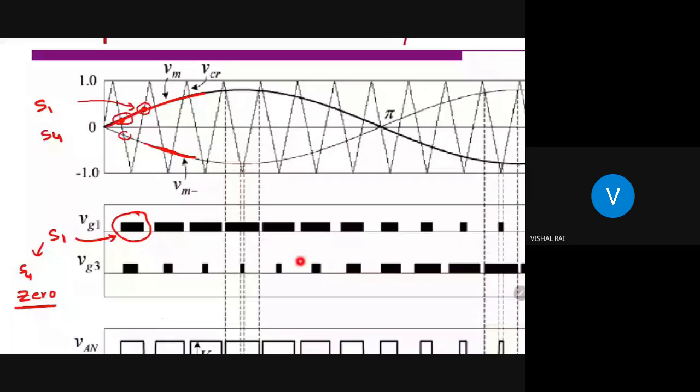This modulating signal generates the firing signals for S3 and S2. This is the firing pulse S3. S3 and S2 are complementary, therefore S2 will be 0 at that time.